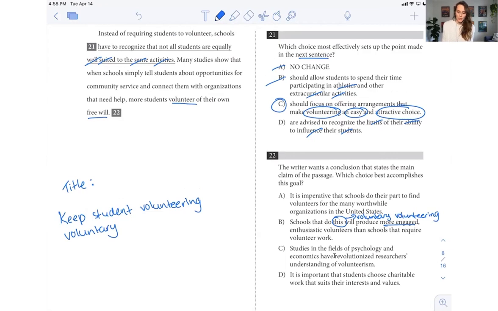That works. Studies in the fields of psychology and economics have revolutionized research. That's not about students volunteering under voluntary guidelines. So C's out. And then students choose things that match their interests and values. That's not it. So B here is the only answer choice that really ties back to the main claim of the passage. So that's what I'm going to pick.